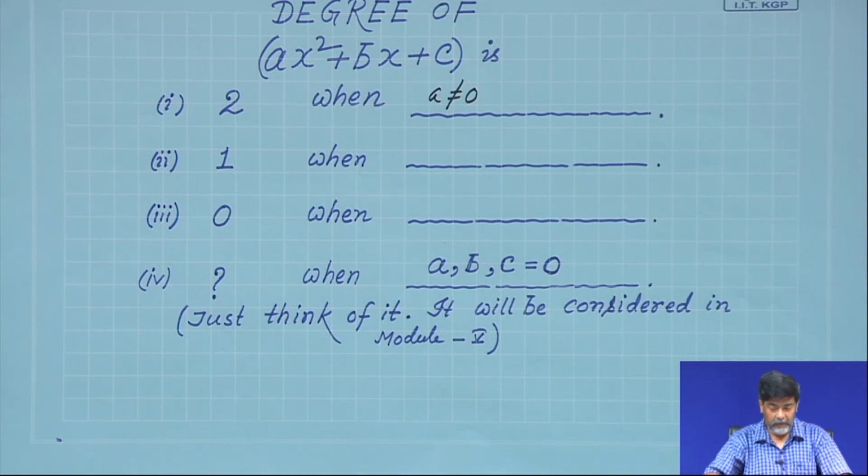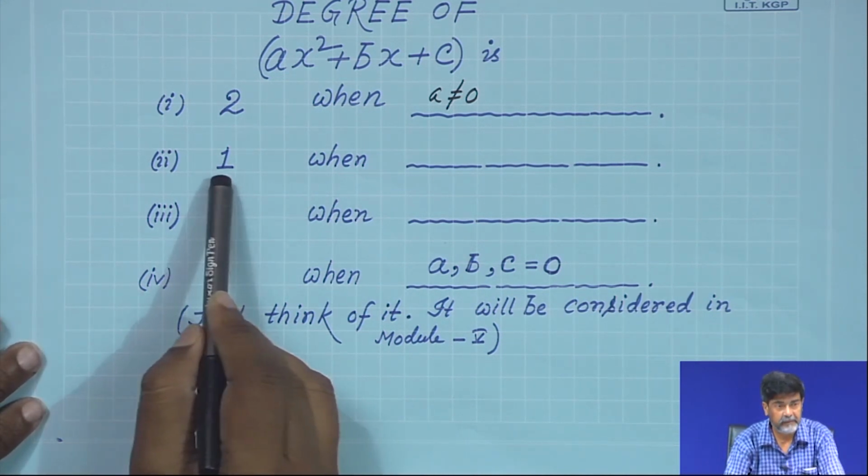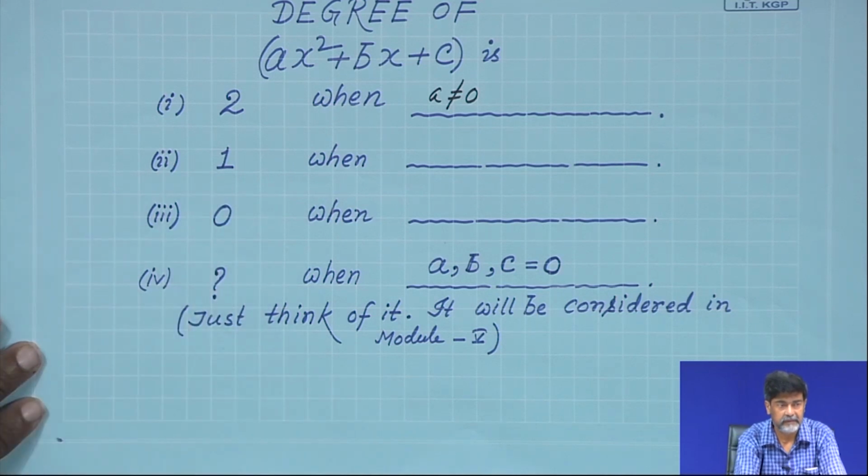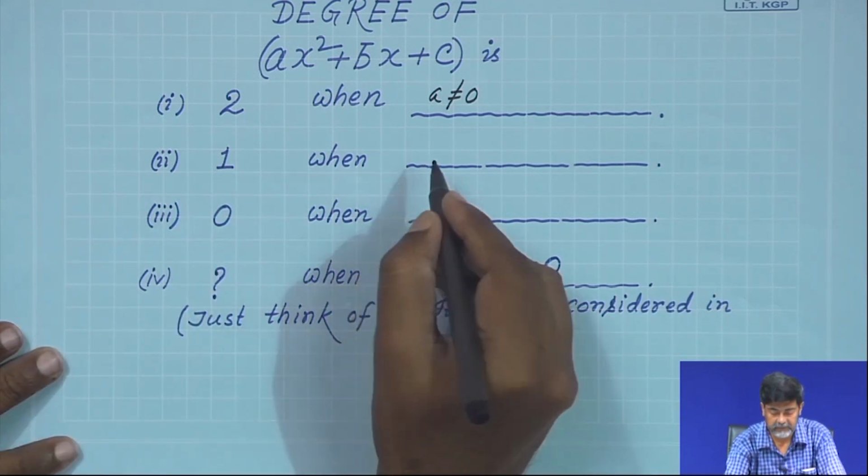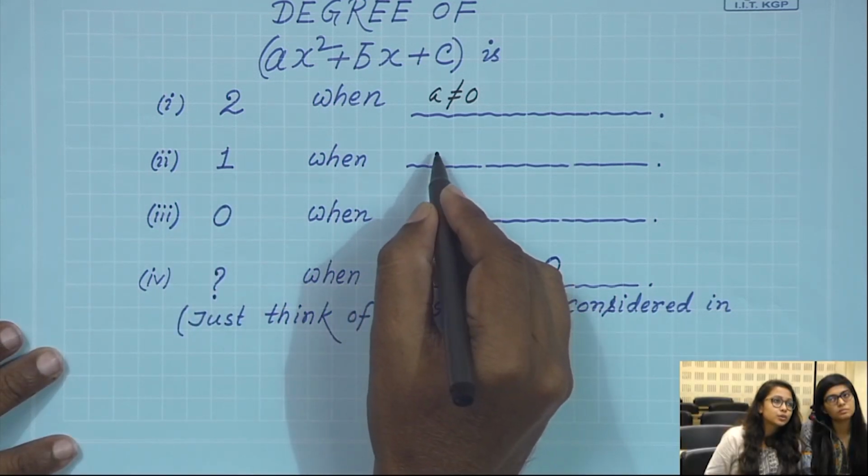And what will be the condition or conditions for which 1 will be the degree of the polynomial? In that case, a has to be 0.